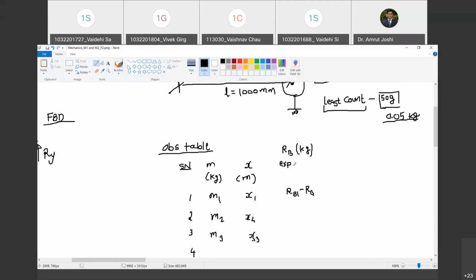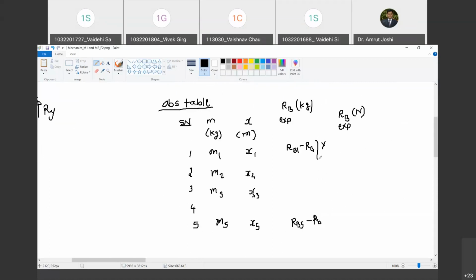Okay. Now this value in kg, I have to convert into Newton. So I have to write down RB experimental, but in Newton. Happy? Yes. So I will multiply all these values by 9.81. Can I multiply it by 9.81? Yes, because all these values are in kg.